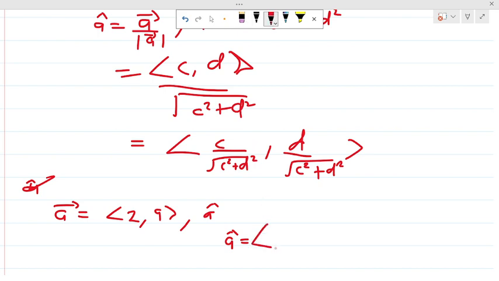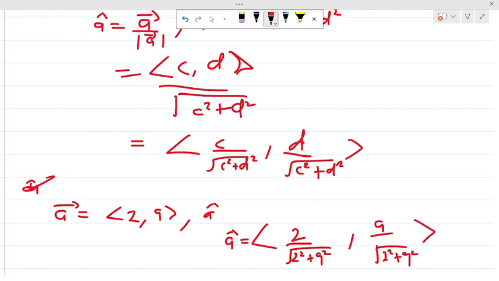So it will be equal to 2 divided by the magnitude of these, which is the square root of 2 squared plus 9 squared, comma, 9 divided by the square root of 2 squared plus 9 squared.